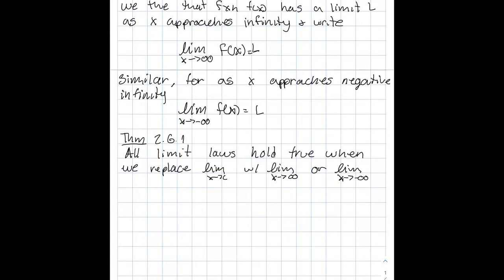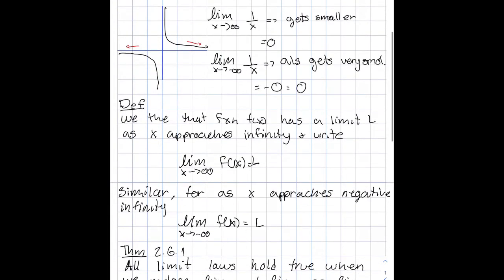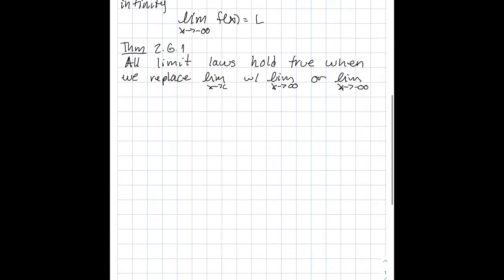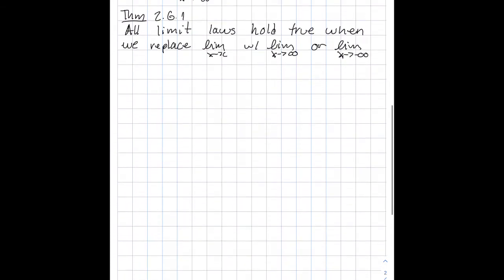All right, so let's do a few examples. And we're actually going to use the fact that the limit as x approaches infinity of 1 over x goes to 0 a lot. So keep that in mind. So our first example, we're asked to find the limit as x goes to negative infinity of pi times the square root of 3 over x squared.